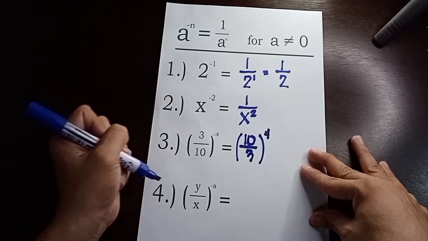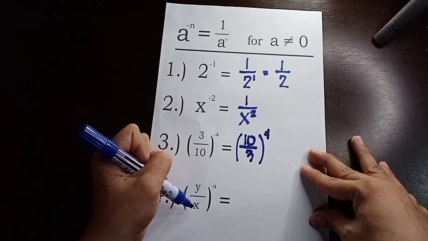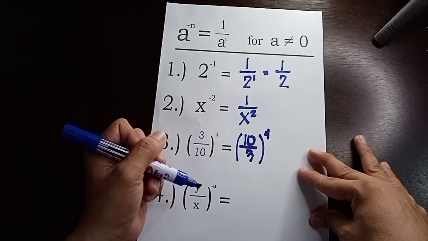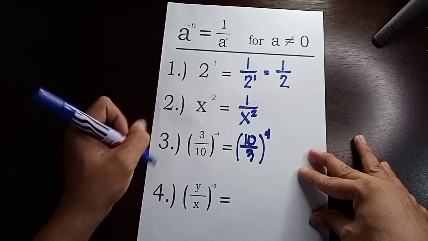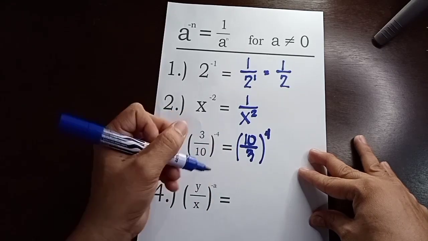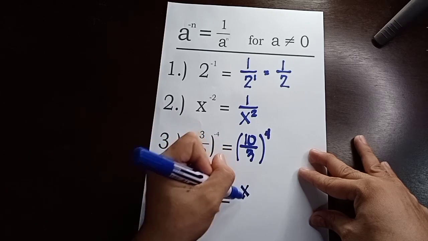Okay. Our number 4 example, we have y over x, open and close parentheses, raised to negative a. So, magkapareha lang po yung approach ng question number 3 and question number 4. So, ang denominator na x natin magiging numerator.